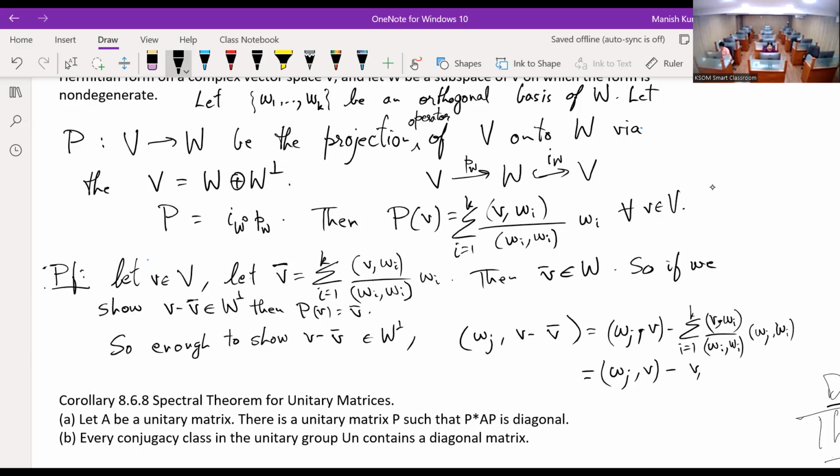There is an order missing. But it is symmetric and the other one is Hermitian, so this should be okay.